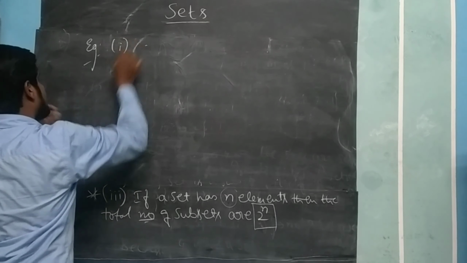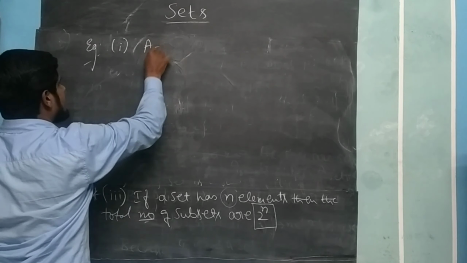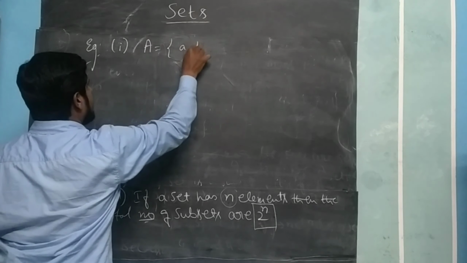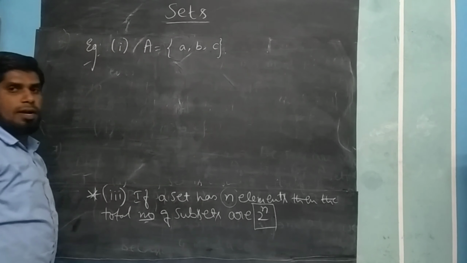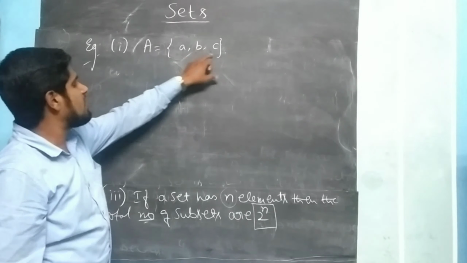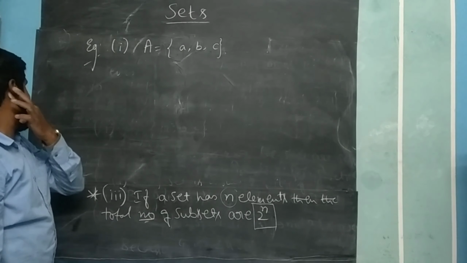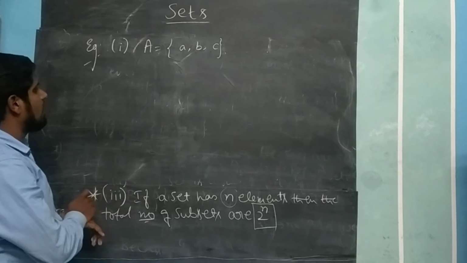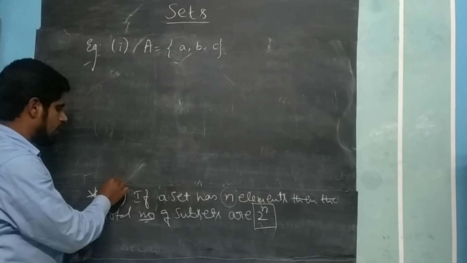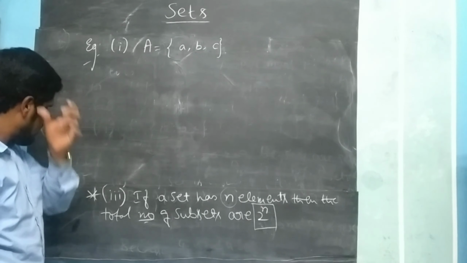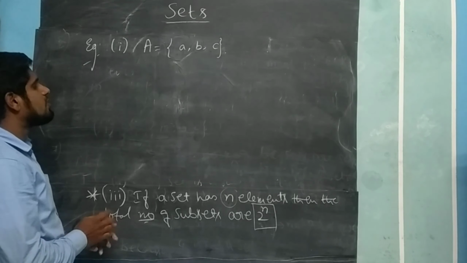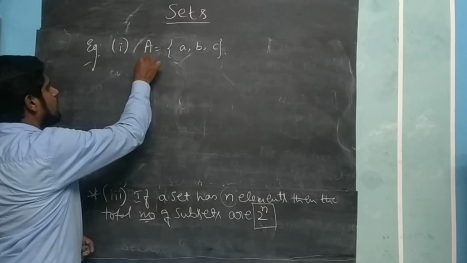First example. A is a set. It has elements A, B, C. Let me check how many subsets can be formed from this. And one more thing, null is always a subset of every set. So first is null.